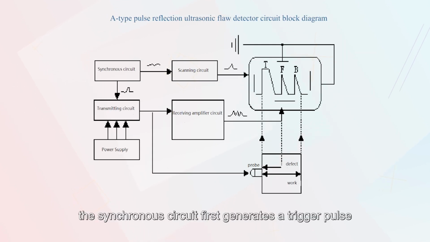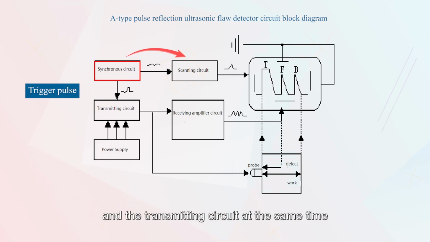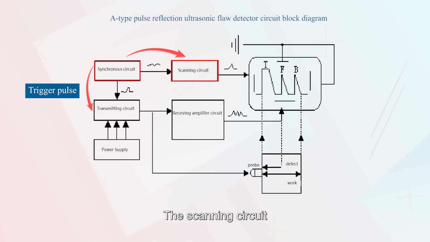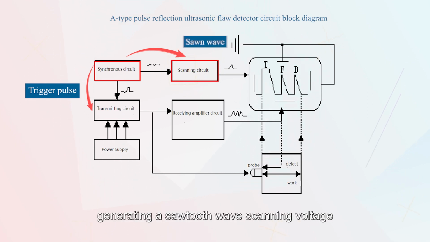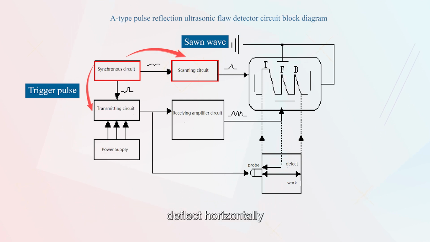When working, the synchronous circuit first generates a trigger pulse to the scanning circuit and the transmitting circuit at the same time. The scanning circuit is triggered to start working, generating a sawtooth wave scanning voltage, which is applied to the horizontal deflection plate of the oscilloscope to make the electron beam deflect horizontally.